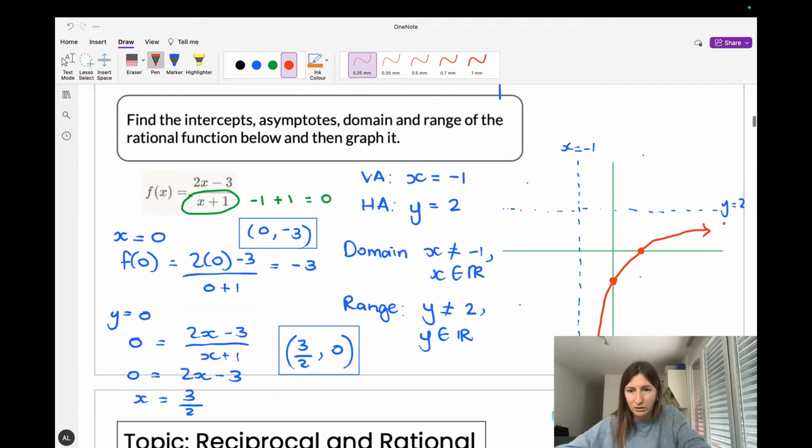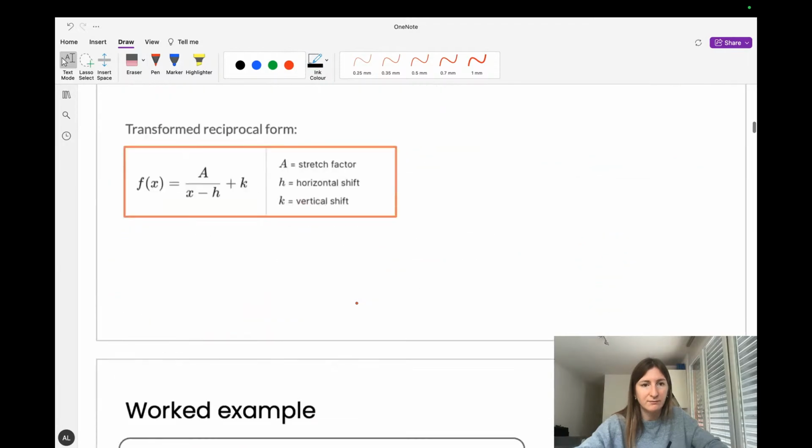And remember, we're getting closer and closer to our asymptotes, but we're never reaching it. And there. So this one is just hovering in its own area over there. All right, so we have graphed it. We found our intercept and our domain, range and asymptotes. Very common type of exam question.